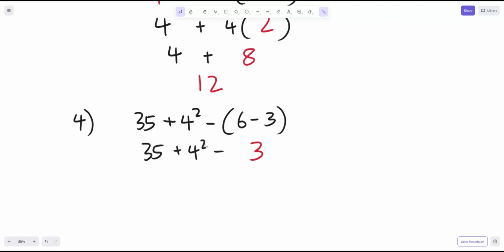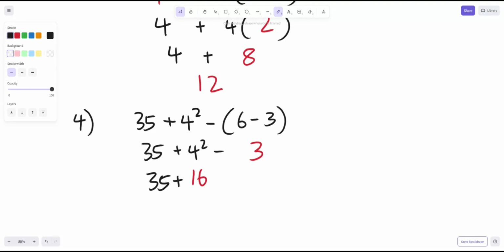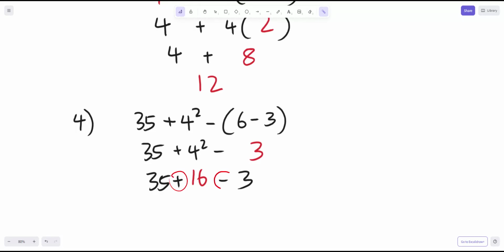Next up, we have exponents. So 4 squared is 16. Bring everything else down. 35 plus 16 minus 3. Now we have addition and subtraction, right? So they're the same priority, which means I go left to right. So I'm going to do addition first, then subtraction.